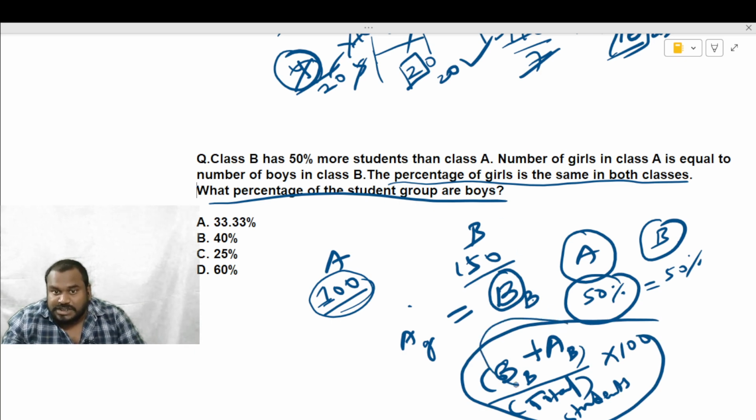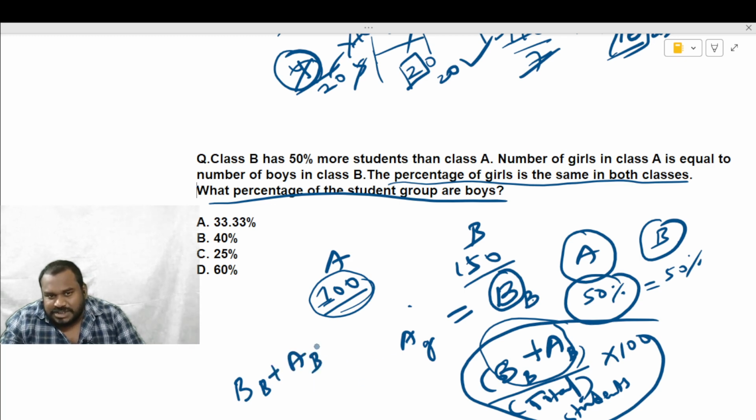So we have to find the boys' percentage out of the total number of students. It means I need only the BB plus AB value. But there is a hint here.